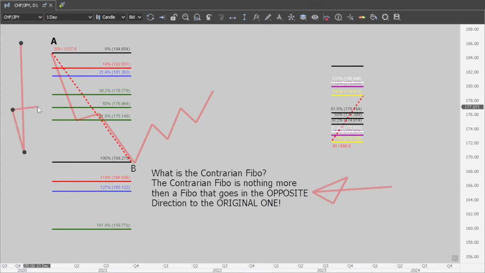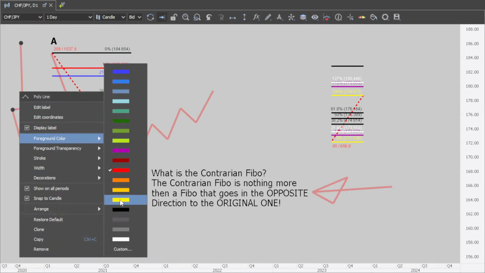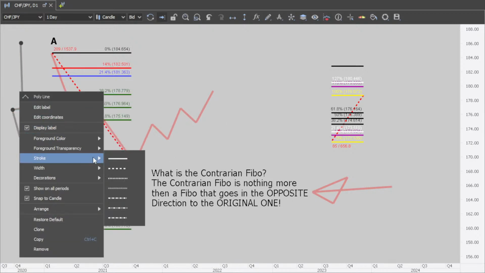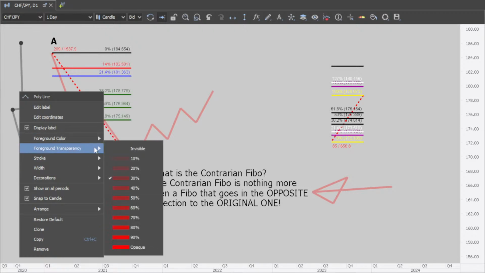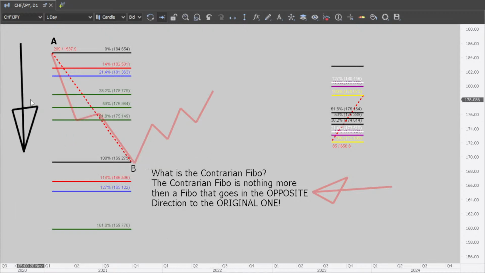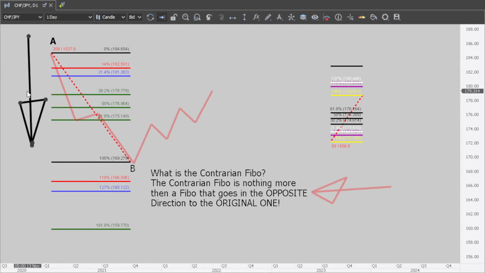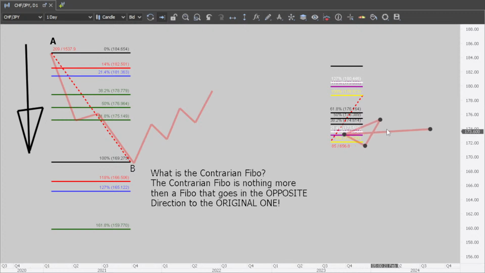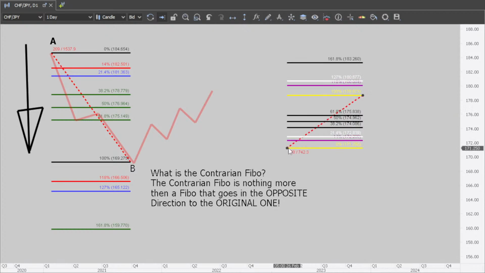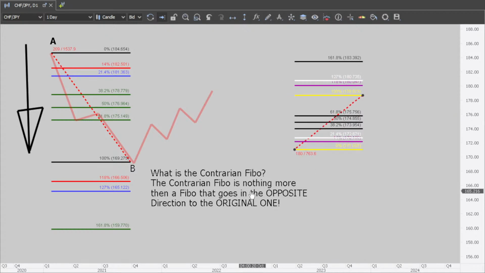So on CHF-JPY, we are trying to short the market, we're trying to sell. Just an example, with transparency, there you go. The original one is down. So what is the Contrarian? The Contrarian is nothing more than a Fibonacci with the same rules: where to start, how to start, where to chart. We are going to apply the same rules.